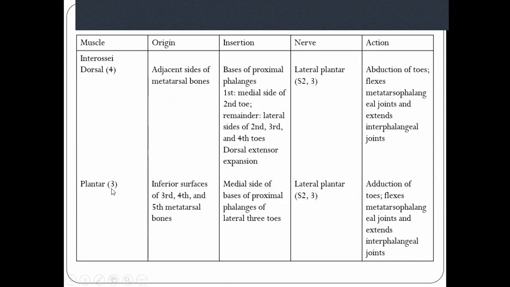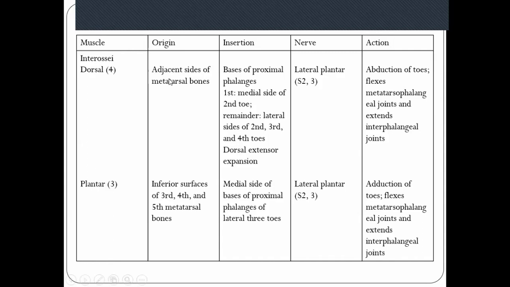Fourth layer contains interossei muscles. So there are two groups of interossei: the dorsal group of interossei and the plantar group of interossei. The dorsal group has four interossei muscles.